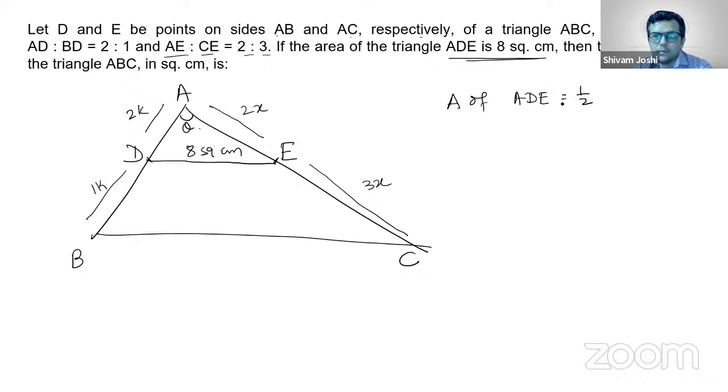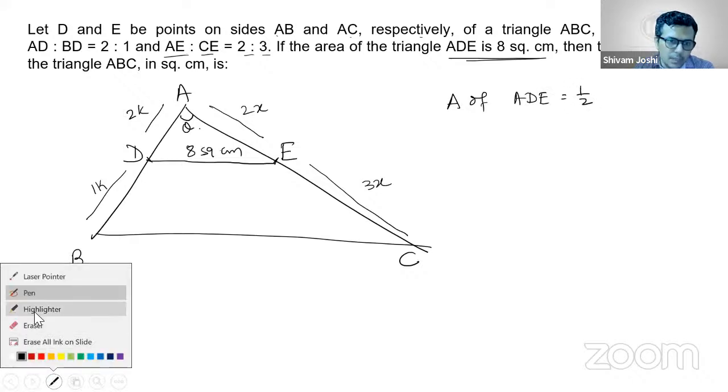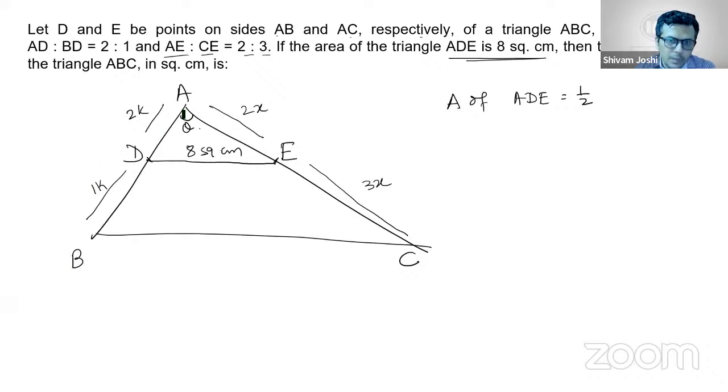Can we say it is half into AB sine theta? I hope you remember the property. Half into this into sine theta. So 2K into 2x into sine theta. This is the area of triangle ADE.